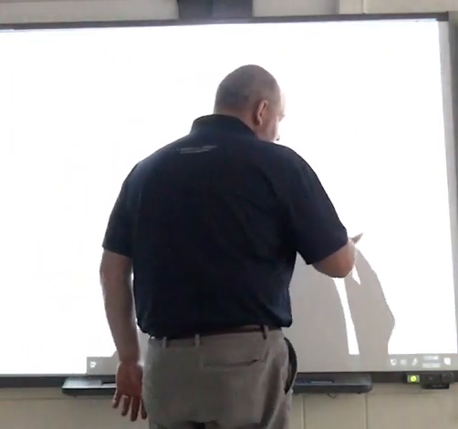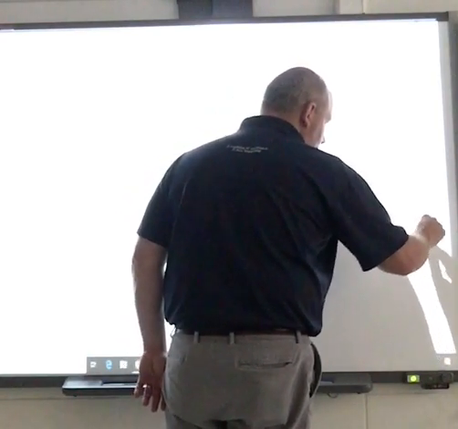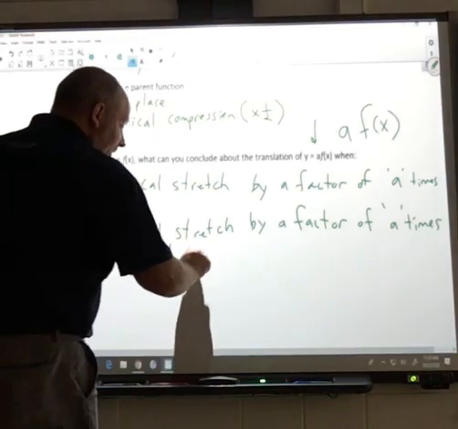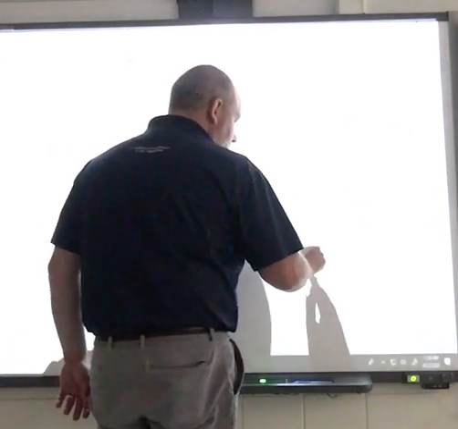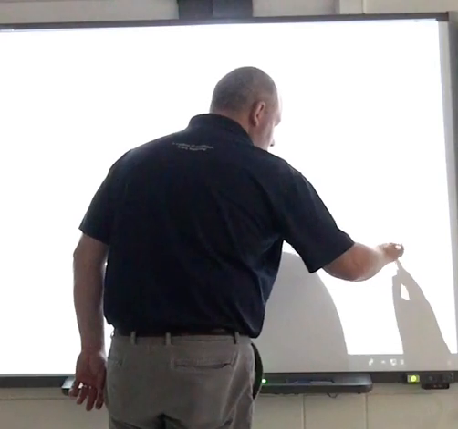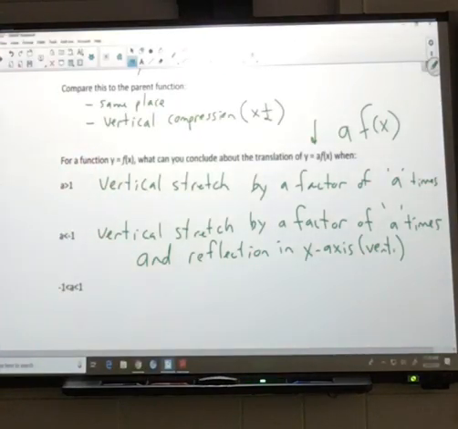But the fact that it's negative means there's also a reflection in the x-axis, or a vertical reflection. Okay, so it's vertical, vertical, vertical. Vertical means y values.